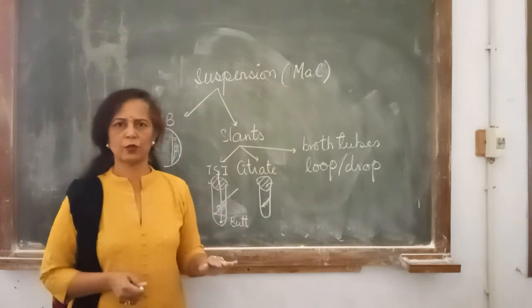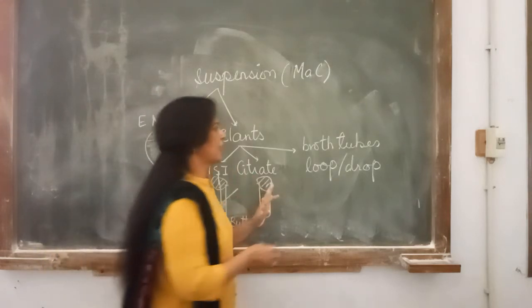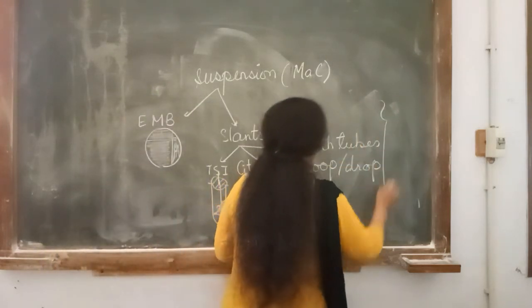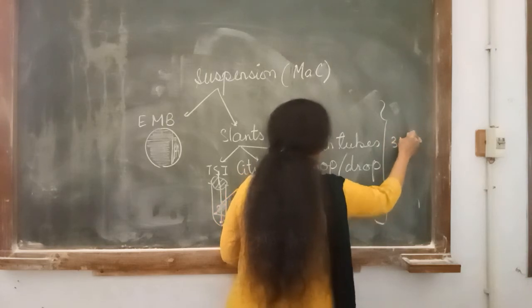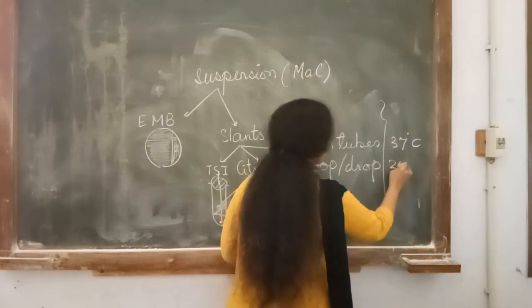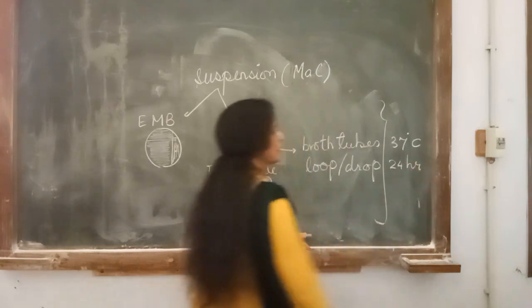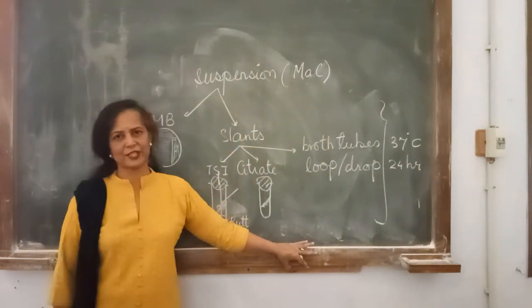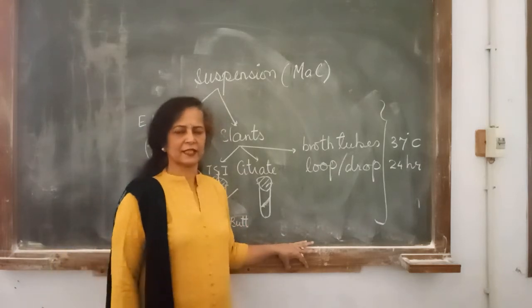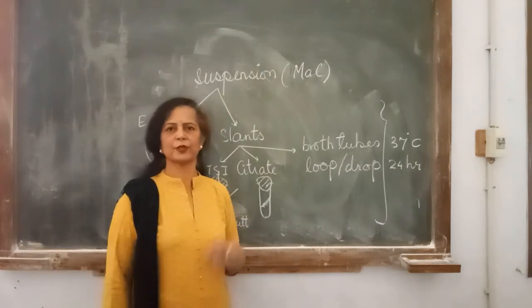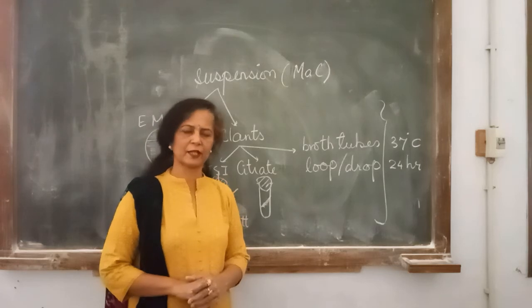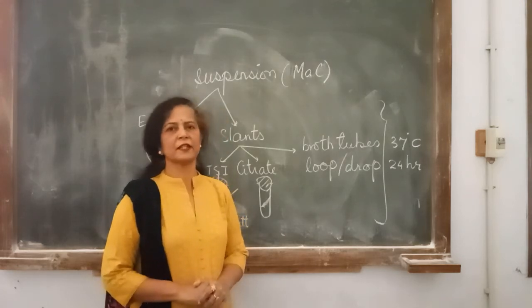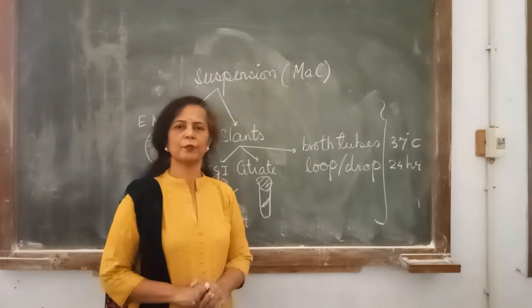We have inoculated all media, and now all these media are to be kept at specific temperature in incubator for 24 hours incubation. Okay. Now after doing this incubation, on the 3rd day we will get the result, and then we are going to discuss this result and we will find out the conclusion that we are dealing with which particular coliform bacteria.